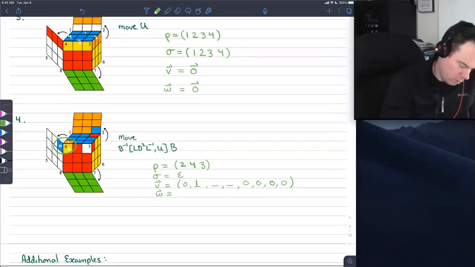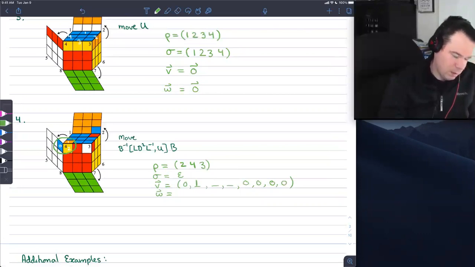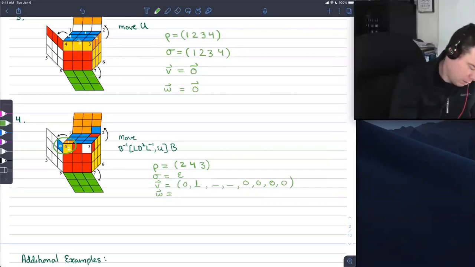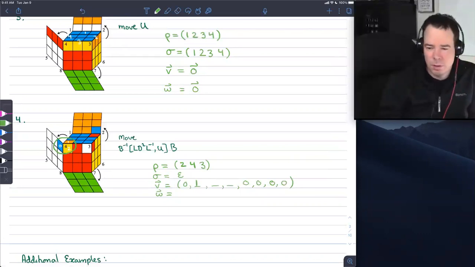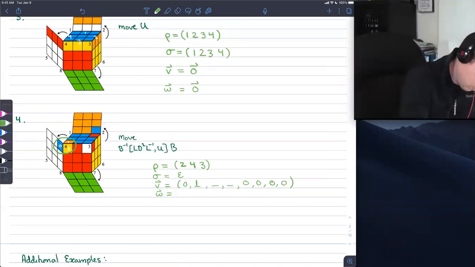And how about corner QB3? Corner QB3 is currently in position 2. So I take a look at position 2. What is the number on the sticker in the primary faucet? What's the number on the red sticker? That'll be a 2, because as we read around, it would go 0, 1, 2.